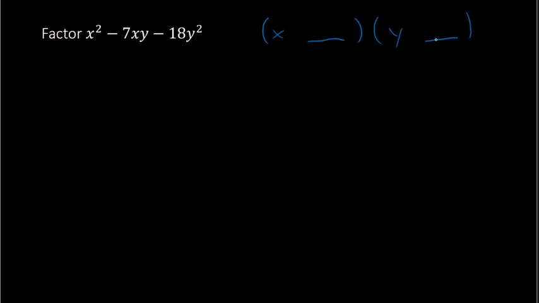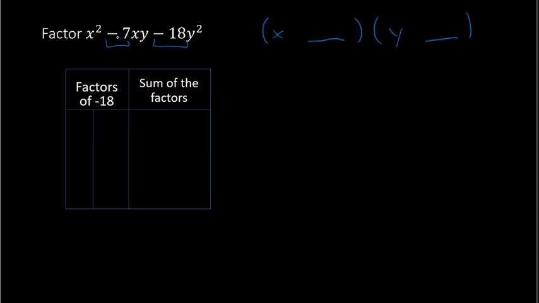So let's look at the number components. Ignore the y for now. We have negative 18 and negative 7. The number part that goes in here are two numbers that multiply to get negative 18 and that add to get negative 7. So let's look at the factors of negative 18.